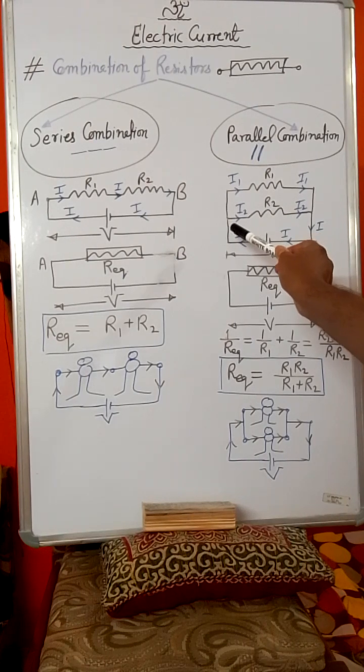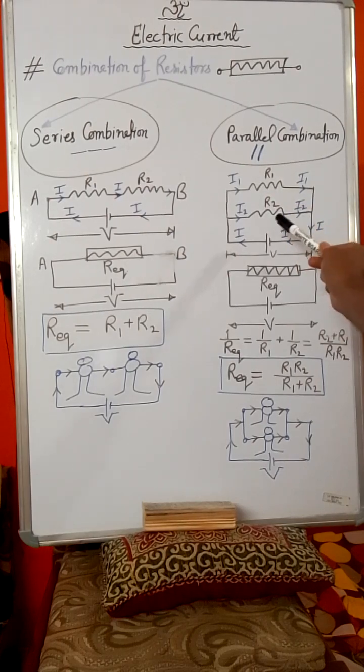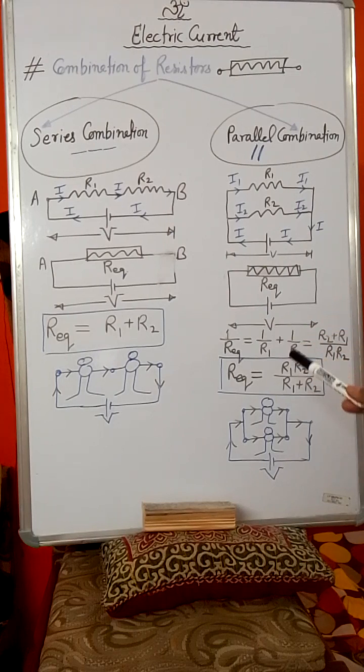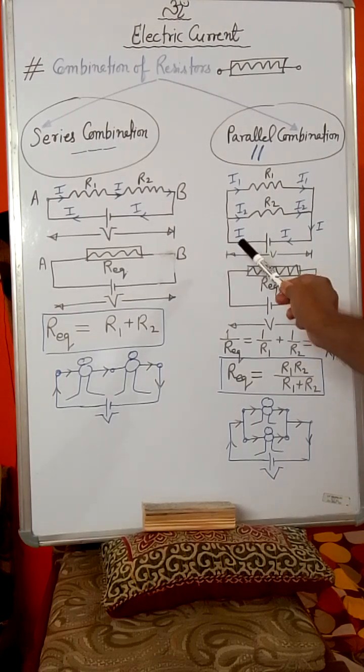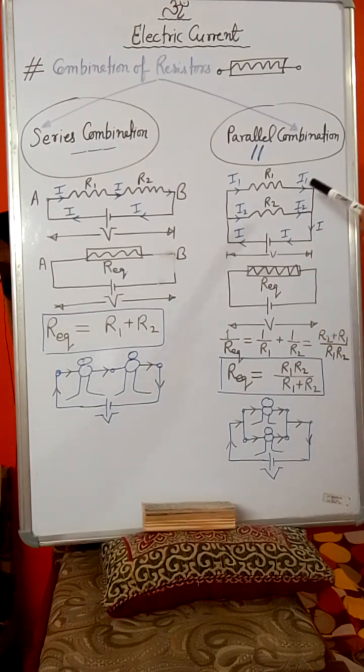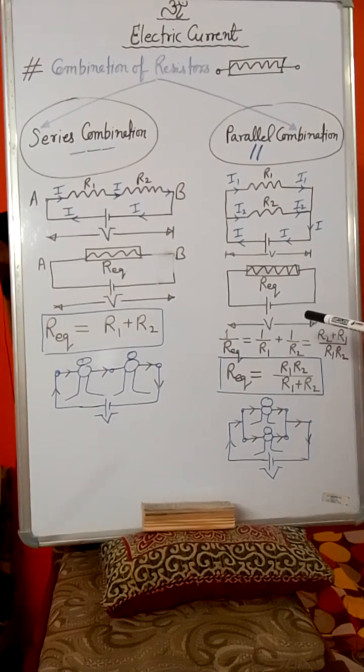So the current will be distributed in two parts, I1 and I2. If you add I1 and I2, you get the same current which came from the cell. From the other end of the resistors, the currents are added again, and the sum of I1 and I2 comes back to the negative terminal of the cell, right?